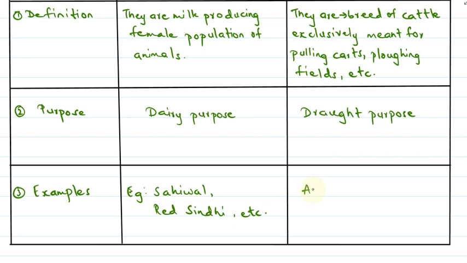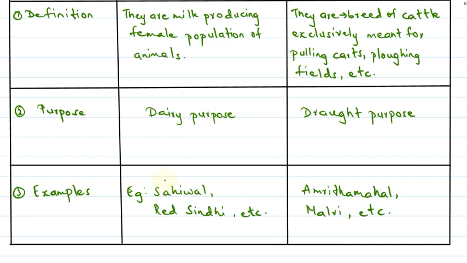Under draught we can say Amrita Mahal and also Malvi. These are examples of draught breeds of cattle. So this is the difference between milch and draught varieties.